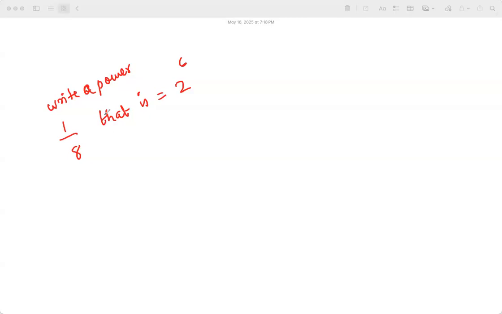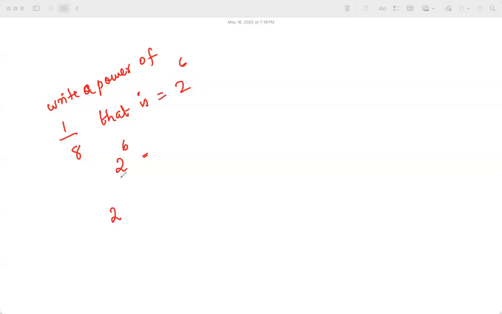Arihan, this is the question. Write a power of 1 by 8 that is equal to 2 power of 6. So how can I write 2 power of 6?